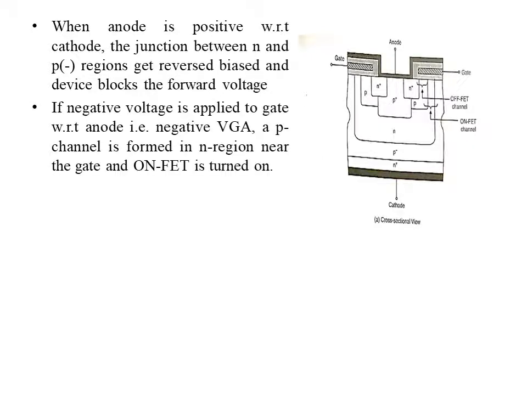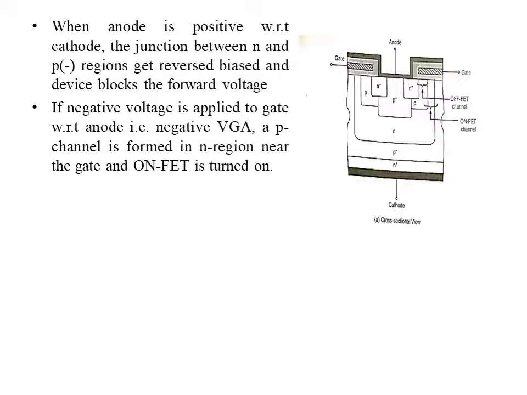If negative voltage is applied to the gate with respect to anode, that is minus VGA is applied, a P channel is formed in N region near the gate and on FET is turned on. So since we have two MOSFETs, one is on FET and second one is off FET, with negative voltage applied, the on FET is turned on.